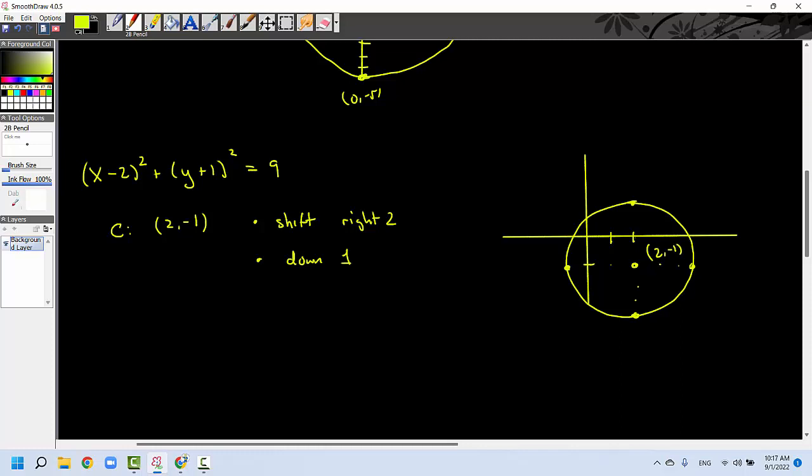From here, if I just go out to the right by 3, I'll add 3 to the x-coordinate, so (5, negative 1). Back 3, that'll be (negative 1, negative 1). Up 3 will be (2, 2). And then down 3 will be (2, negative 4). Again, I'm just adding or subtracting 3 depending on the direction that I'm moving.